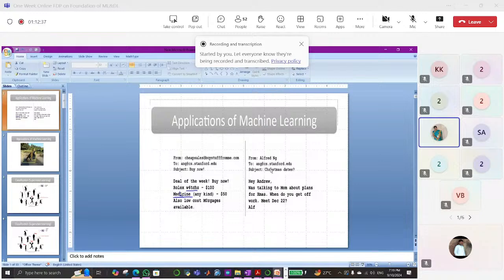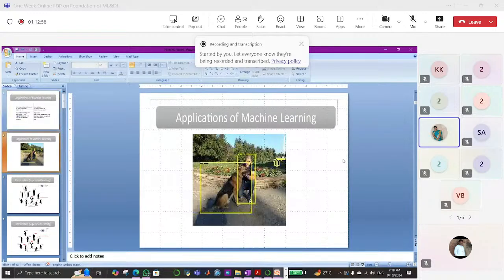The second message is from so and so person with the subject Christmas dates and hey, so this is a correct message. So this is the non-spam message and this is the spam message. Using machine learning algorithms, we can separate the spam and non-spam mails also. So these are the applications.